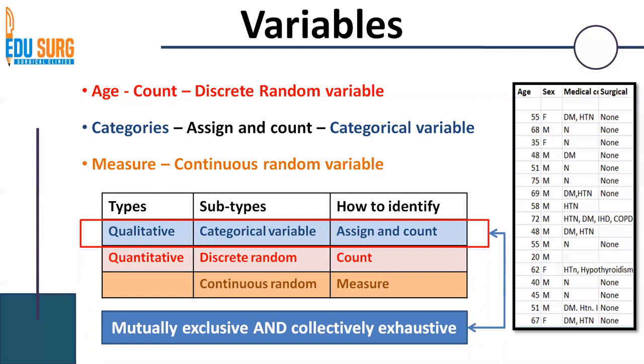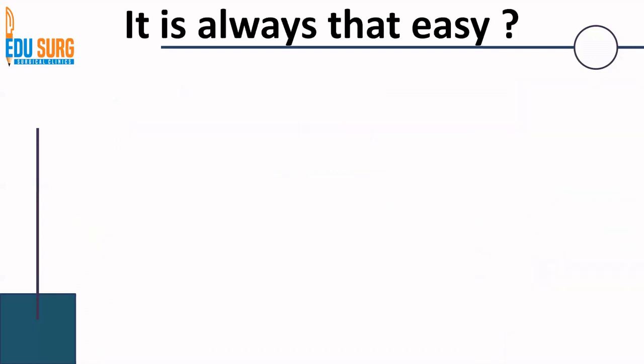One person can't be in more than one category, but the total categories should be collectively exhaustive. What that means is that if you have 50 different people that you are asking gender, then the total of all categories should be 50. It should not be more than 50. It should not be less than 50. So that is collectively exhaustive and mutually exclusive, right? So this is something that is very important.